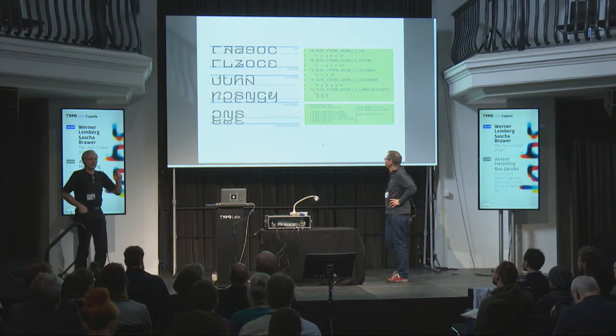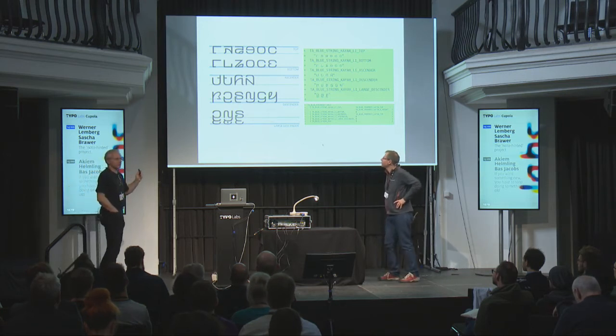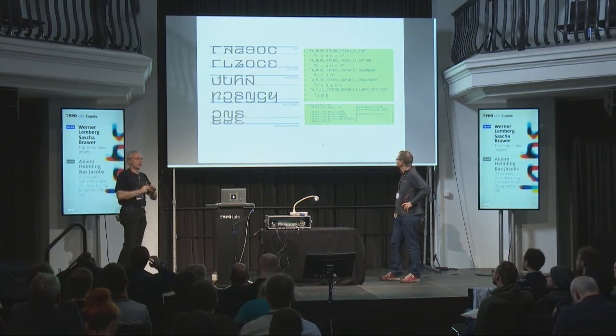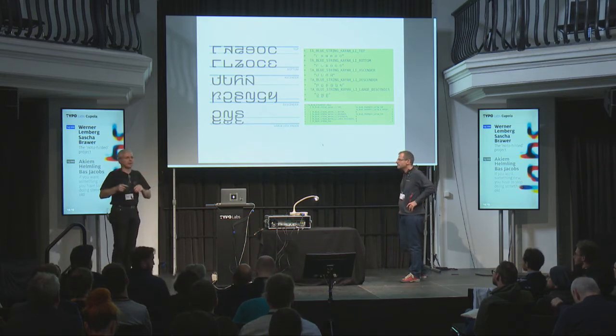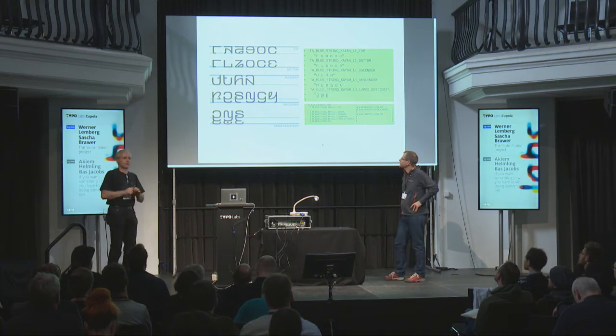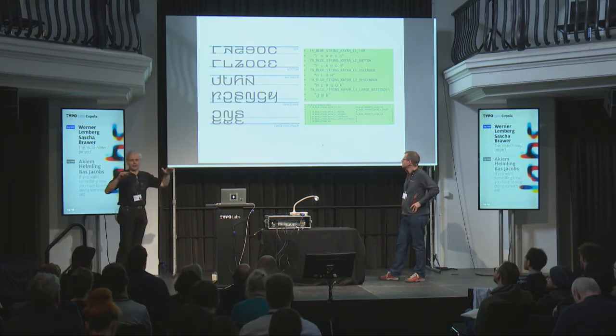Yes, the idea of computing blue zones is that you have flat shapes and round shapes. And flat shapes are used for the flat blue zones and round shapes for the overshoot blue zones.